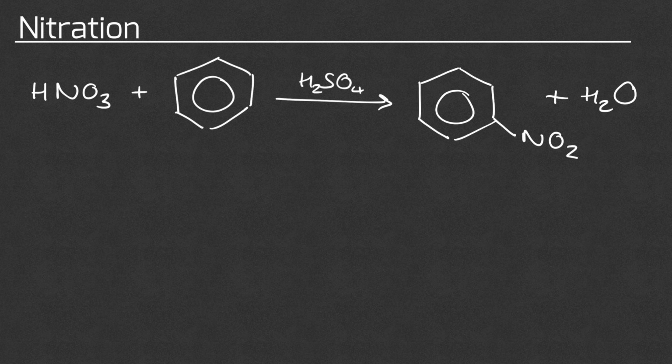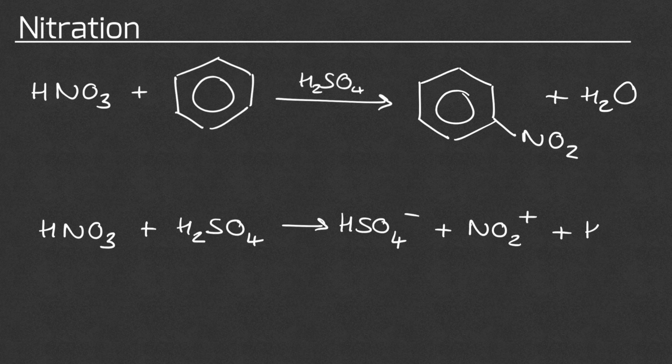The nitration of benzene involves adding a NO2 group, a nitro group, to benzene. To do this, we react benzene with nitric acid and a sulfuric acid catalyst to form nitrobenzene and water. The sulfuric acid catalyst reacts with the nitric acid to form the nitronium ion, the NO2 plus ion.